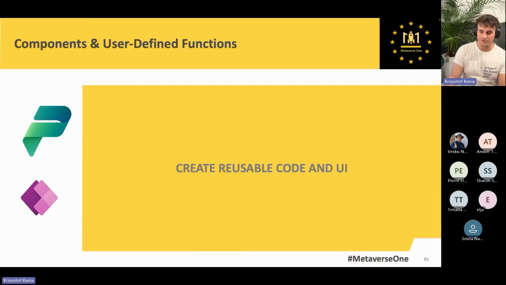Why should we create reusable code, reusable interface, or actually, is something like this available for us? It is. And on the slide, it should be a little bit different because what we can use for this reusable code are components, named formulas, and something called user-defined functions, which is based on named formulas.